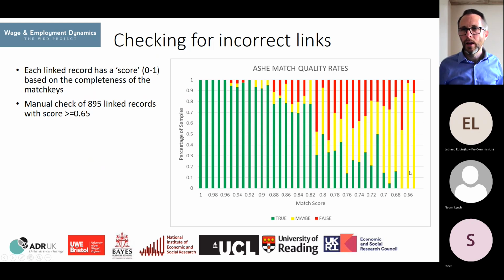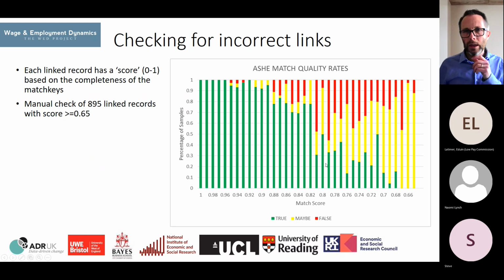They take samples of records with different match scores. If you look at this graph here, the ones over on the left with a match score of 1 are records that have matched perfectly on all of those 4 complete fields. Records over on the right with a match score of 0.66 might be records where maybe we've only matched on the surname and the postcode, or maybe the gender hasn't matched, but the other fields have matched, and so on.